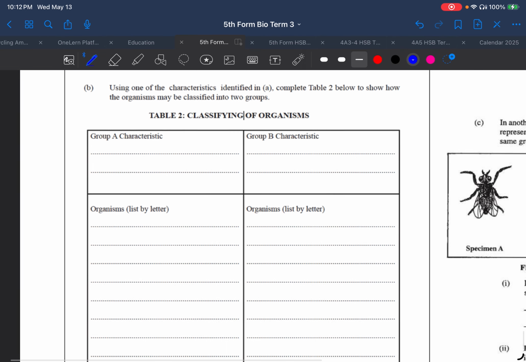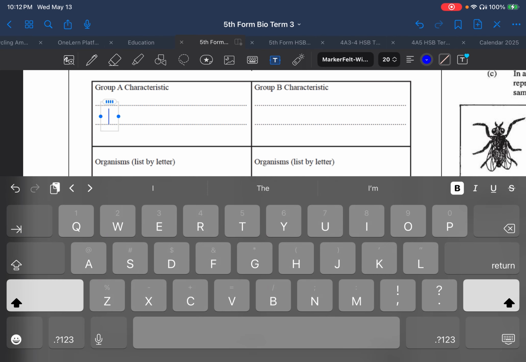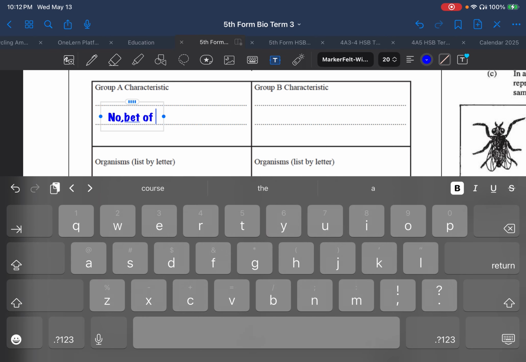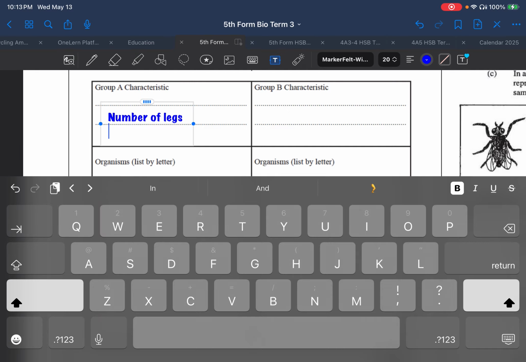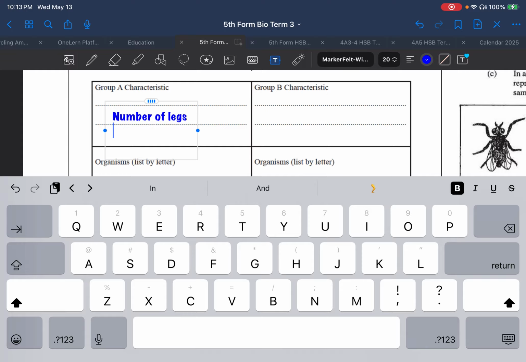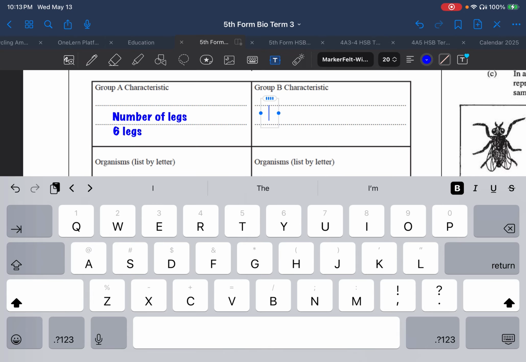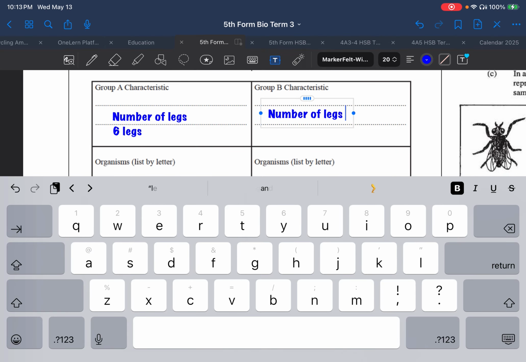And then based on that, if I put here the characteristic being number of legs, and if I put those with 6 legs versus over here, it's still number of legs, but I'm looking at 8 legs.